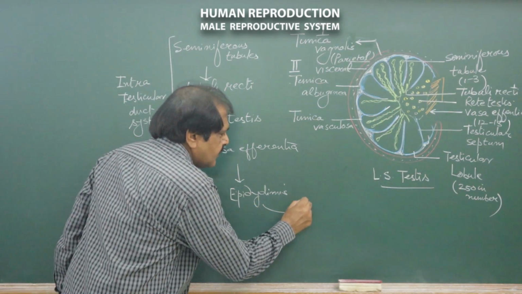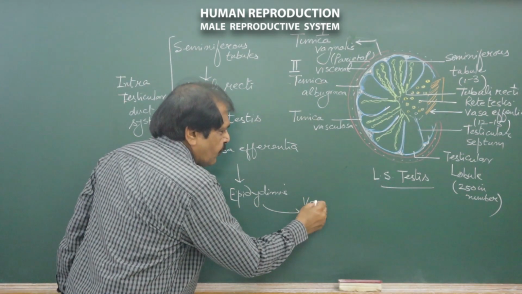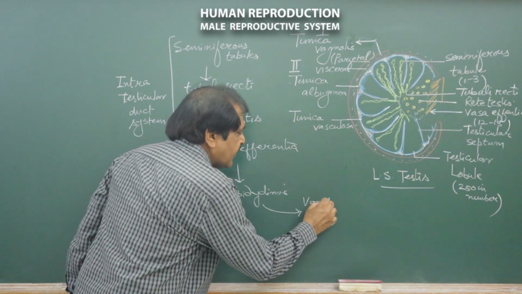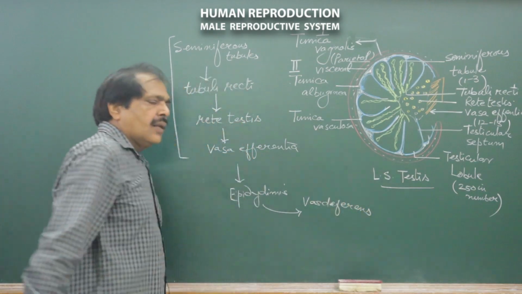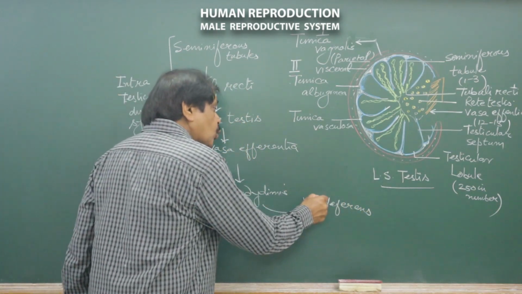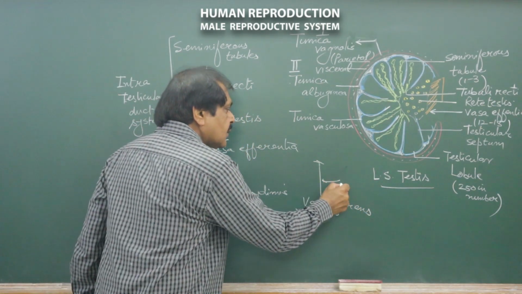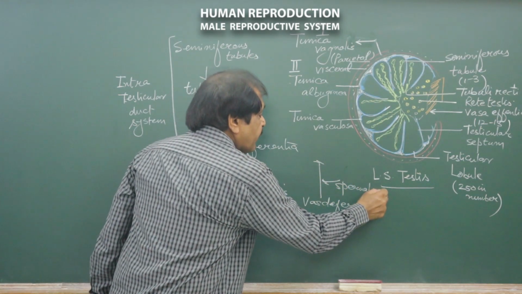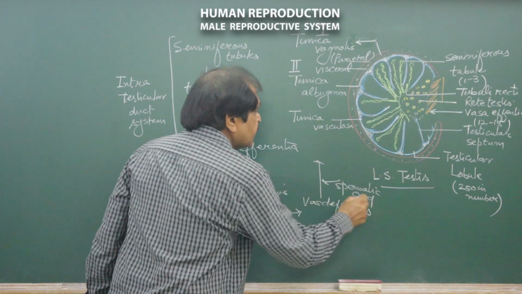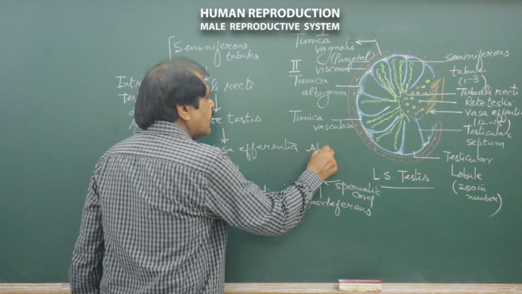Epididymis will be followed by the vasa deferentia, or vas deferens. Then the vas deferens, through the spermatic cord which I mentioned to you yesterday, will enter the abdomen.